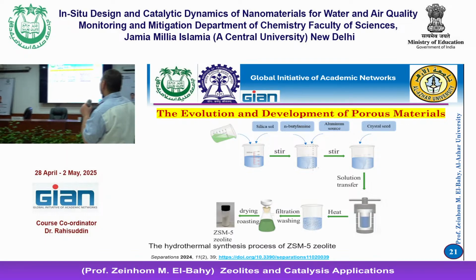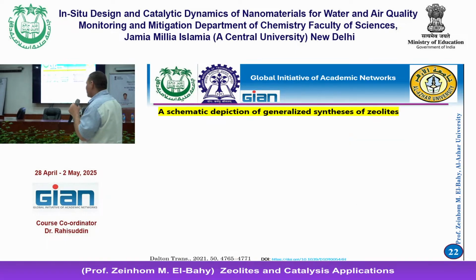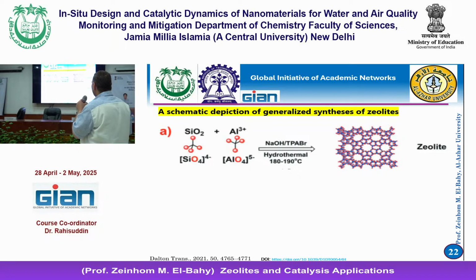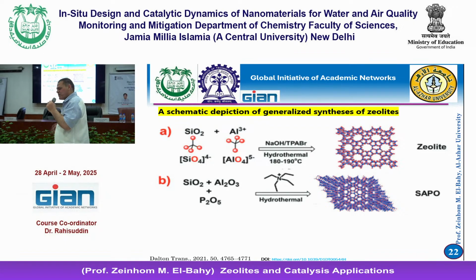Of course, this is not our work. This article was preparing different types of zeolites, like silica, alumina with template. It gave zeolite. The first one is, I think, ZSM-5. It is the same shape. The other one has phosphorus. If you add phosphorus, you will get SAPO, which is silica alumina phosphate.